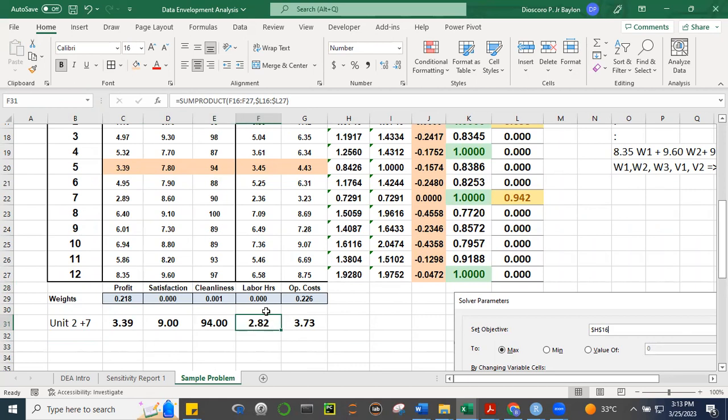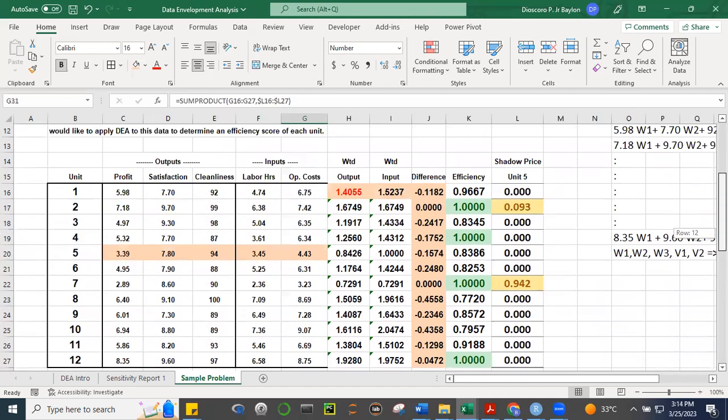Labor hours, take note: 3.45 for unit number 5, while this is only 2.82. See, 4.43 here, and then 3.73 here. So its input levels are lower than that of unit number 5, and its output levels, at least some of them, for example satisfaction, are higher.